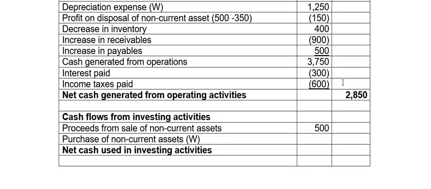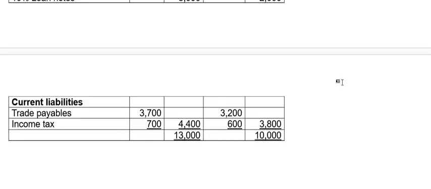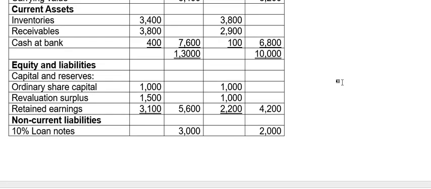Then look at the statement of financial position. We have been told that during the year assets were revalued. So due to the fact that assets were revalued, find out how much was the revaluation surplus.